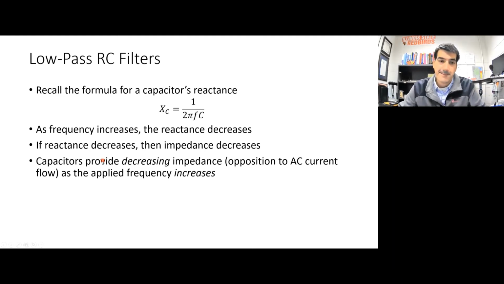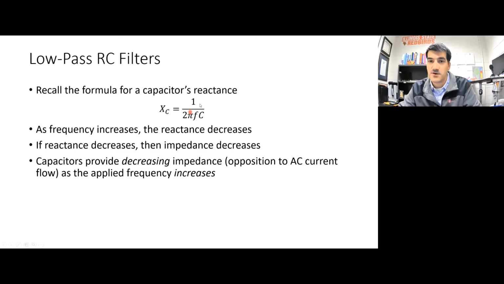So the capacitor is going to give a decreasing impedance, that is a decreasing opposition to AC current flow, as the applied frequency increases. This is really important to understanding how an RC filter, any kind of RC filter, works. You need to understand what happens to the impedance in a capacitor as the frequency changes.